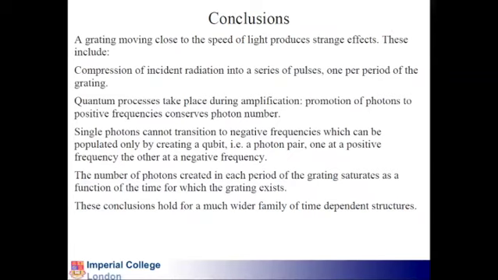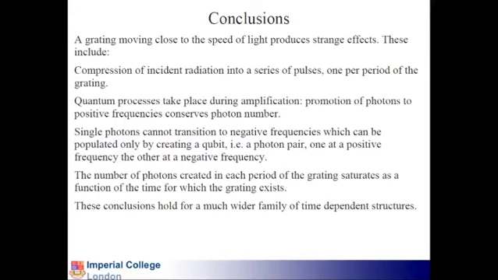And so I think I'm on time. Let me summarize. So we're interested in gratings which move, which appear to move at near the speed of light, the transluminal region. These can compress radiation to a series of pulses, one per period of grating. These pulses are hot, and you can calculate their temperature in terms of relative parameters.